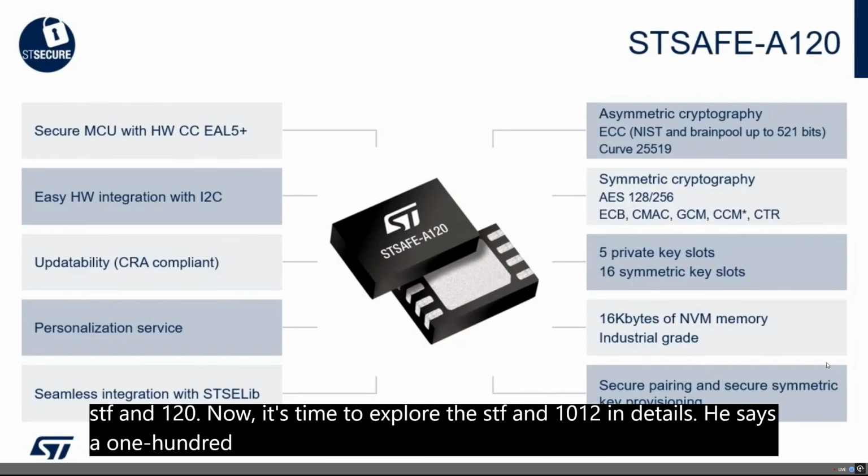And on the symmetric part, it supports AES-128 and 256 with several flavors, as well as HMAC and HKDF functionalities. Regarding resources, STSAFE-A120 offers 5 asymmetric permanent key slots and up to 16 symmetric permanent key slots. It also comes with 16 kilobytes of industrial-grade NVM.